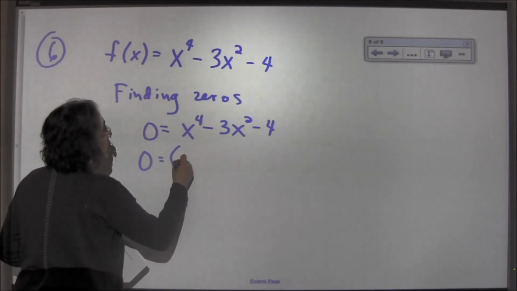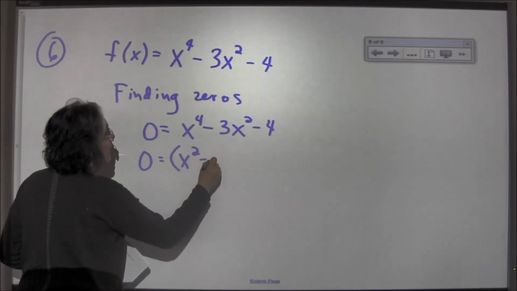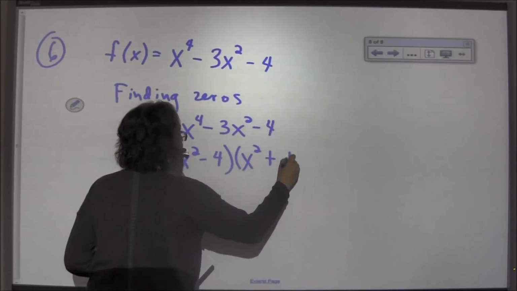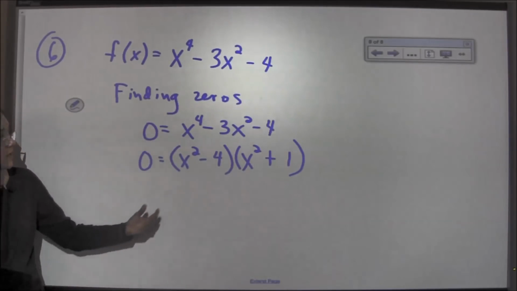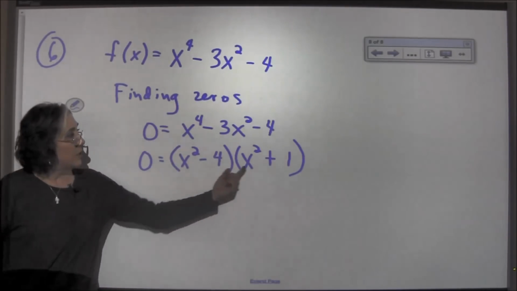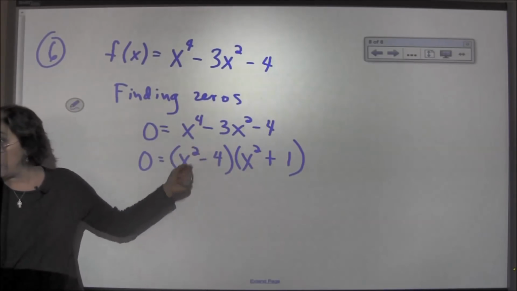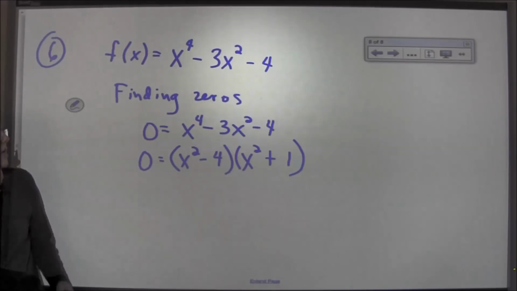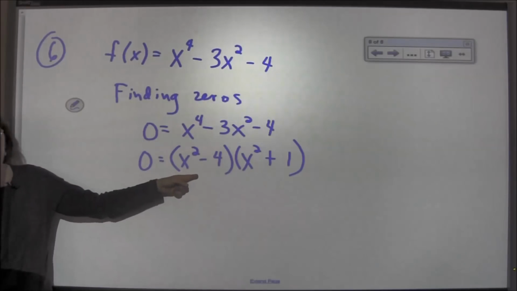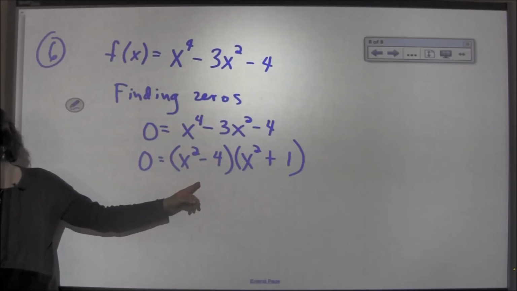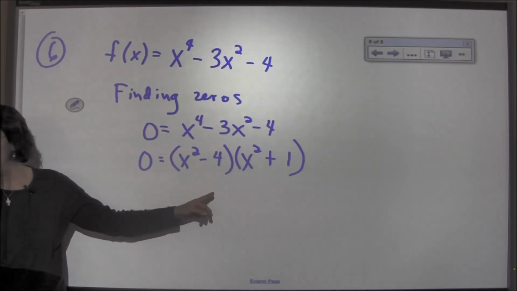So first thing I'm going to do is factor it as x squared minus 4 times x squared plus 1. Let's check the middle. X squared times 1 and negative 4x squared does give me negative 3x squared in the middle. Now, those are quadratic factors, but there's no x term, and so you can use square root method on those.